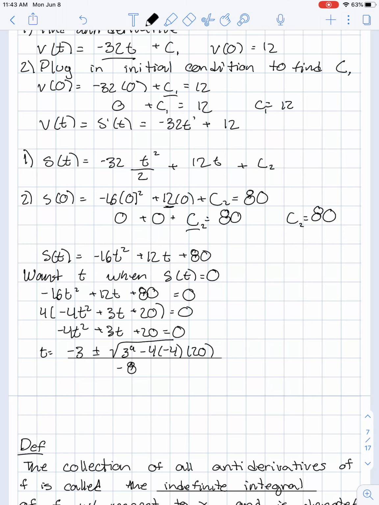Great. Really hope my Algebra 1 teacher is very proud of me. Okay, cool. So that's going to simplify to negative 3 plus or minus the square root of 329. I didn't just do that in my head. I have all these answers already. Cool.